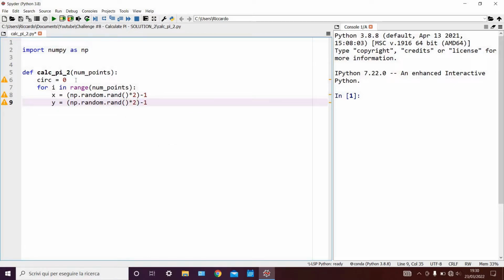And what this will do is give us an x and y value that is between -1 and +1, with a circle having a center in the origin, so at 0, 0.